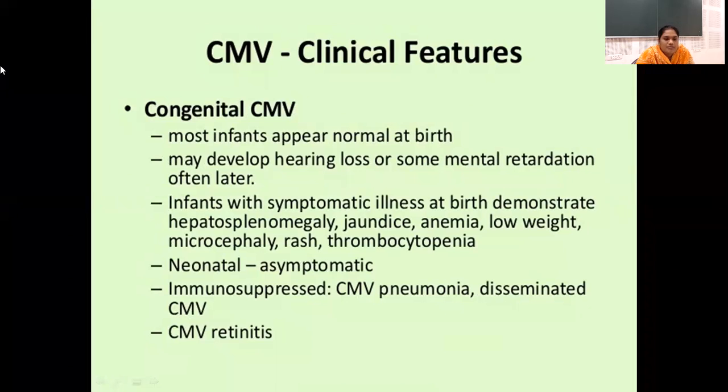Most infants appear normal at birth, and may develop hearing loss or mental retardation often later. Infants with symptomatic illness at birth demonstrate hepatosplenomegaly, jaundice, anemia, low birth weight, microcephaly, rash and thrombocytopenia.